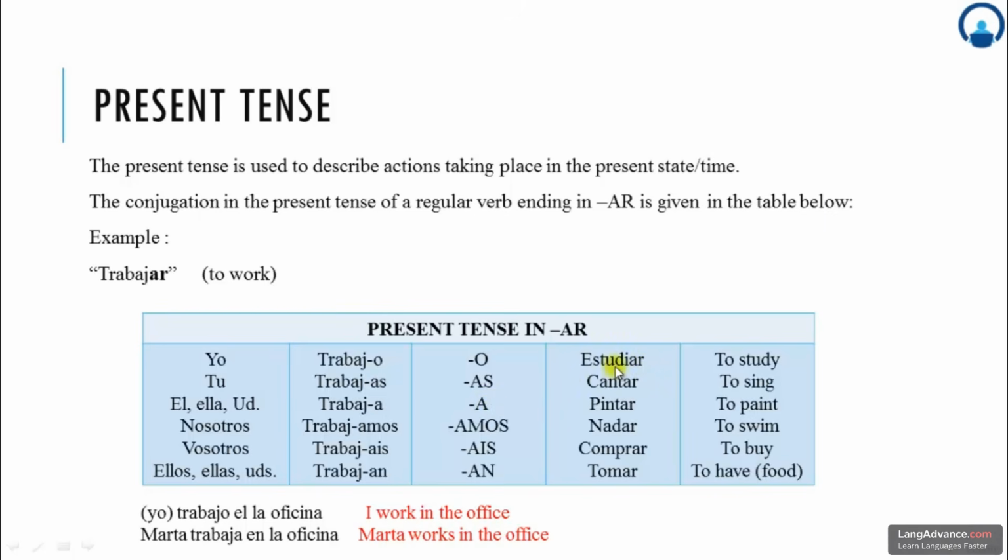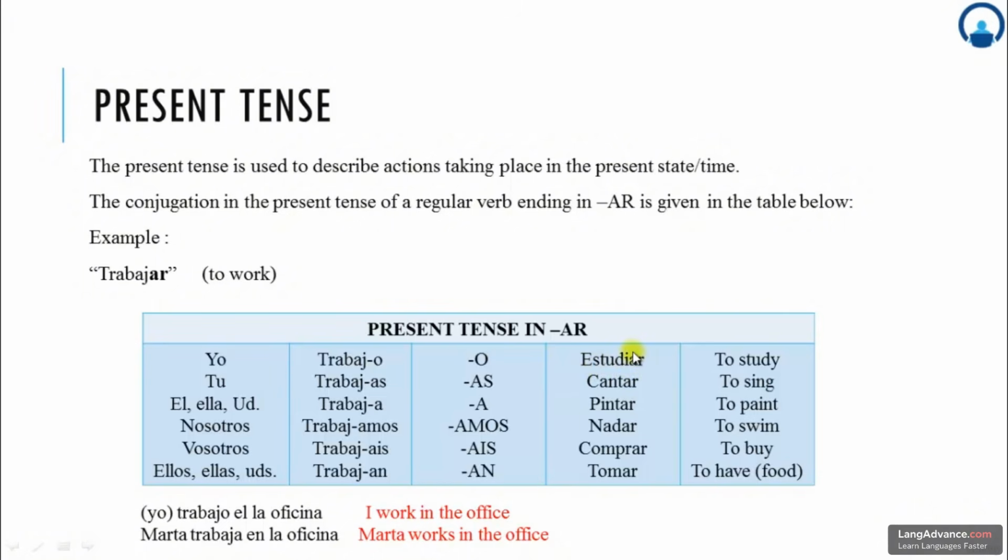It becomes estudia. I replace AR with amos and it becomes estudiamos. I replace AR with áis and it becomes estudiáis. I replace AR with an and it becomes estudian.